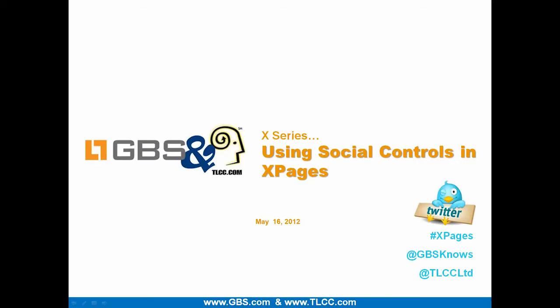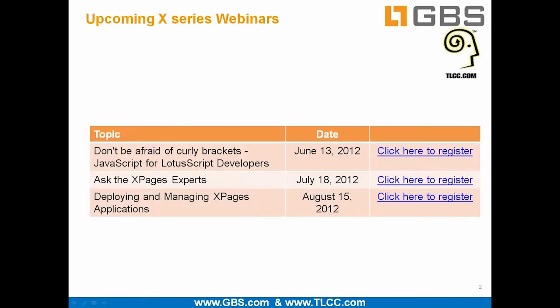Welcome, everybody. Before we get started, a couple things to go over. First of all, this is a monthly series that GBS and TLCC do, and a couple upcoming webinars are up on the screen now.